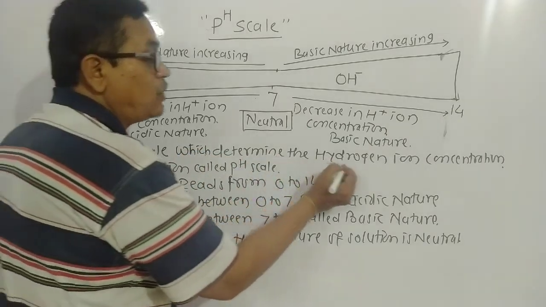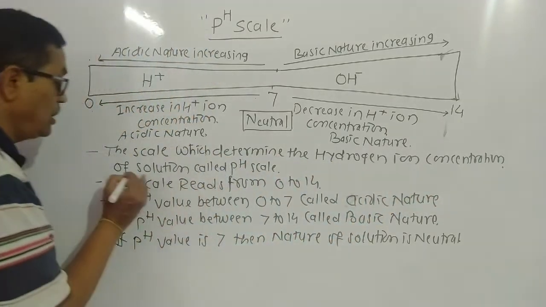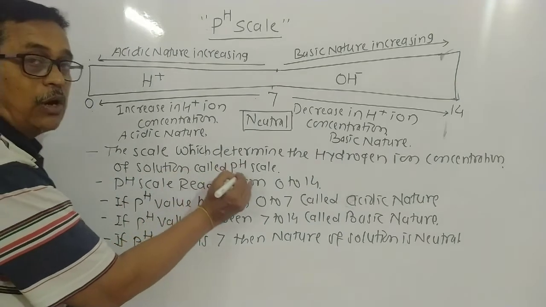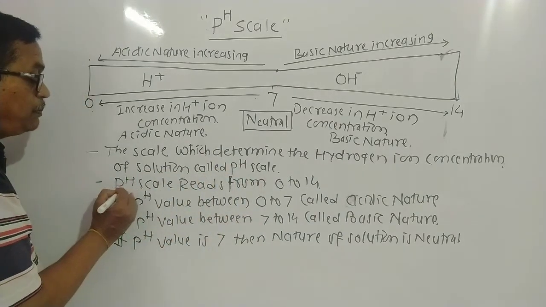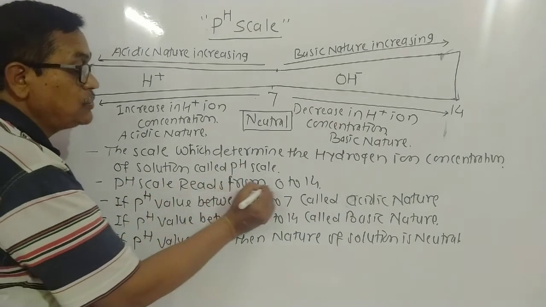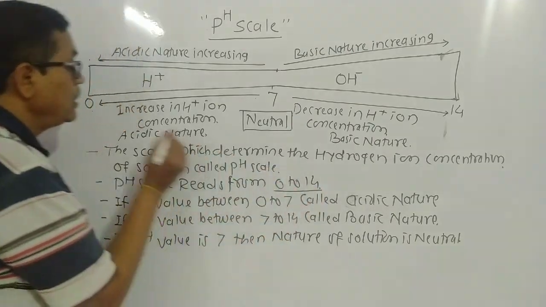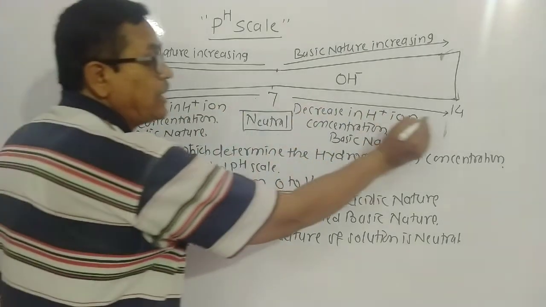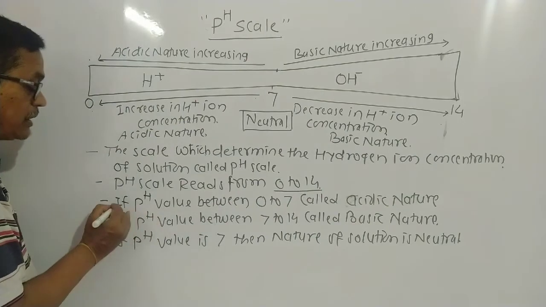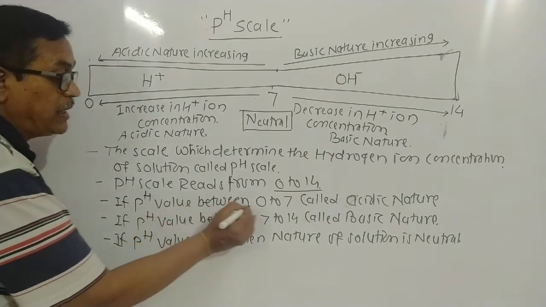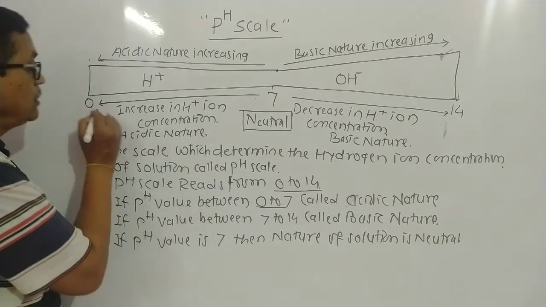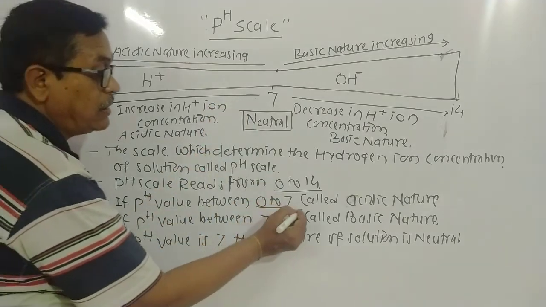If the pH value is between 7 to 14, it is called basic nature. And if the pH value is exactly 7, the nature of the solution is neutral. That is the common information about the pH scale.